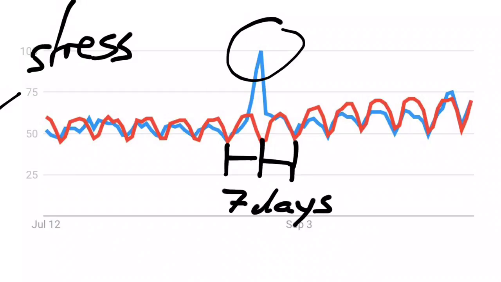So, there is a clear correlation between stress and depression. Strong positive correlation. And a strong negative correlation between depression and emergency contraception.